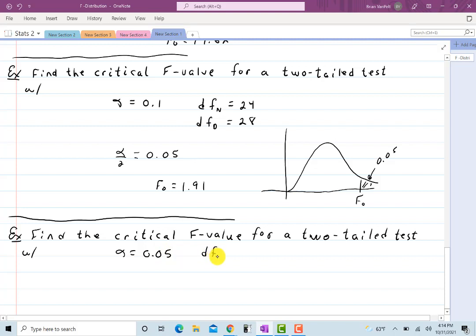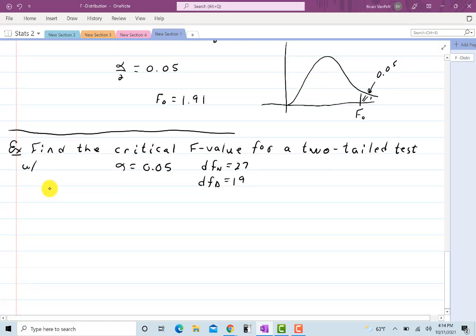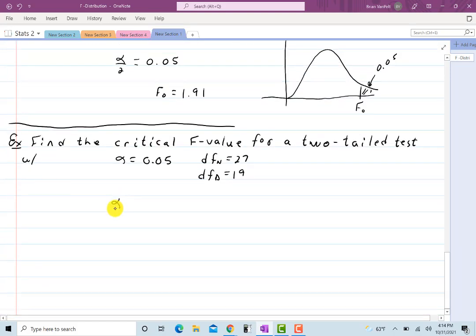The degrees of freedom in the numerator is equal to 27, and the degrees of freedom in the denominator is equal to 19. Now, since it's a two-tailed test, I automatically know that I need to do alpha over 2. That's 0.025. And now let's go to the table and look up alpha equals 0.025.